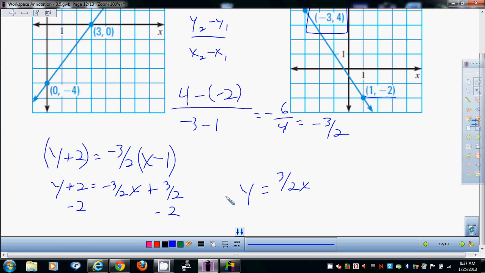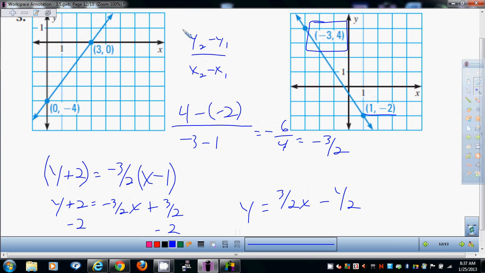That was the slope we got from this formula. That gave me +6 over -4, which would... Oh, you have to multiply through by this number in point-slope form. 3/2 times x and 3/2 times -1.